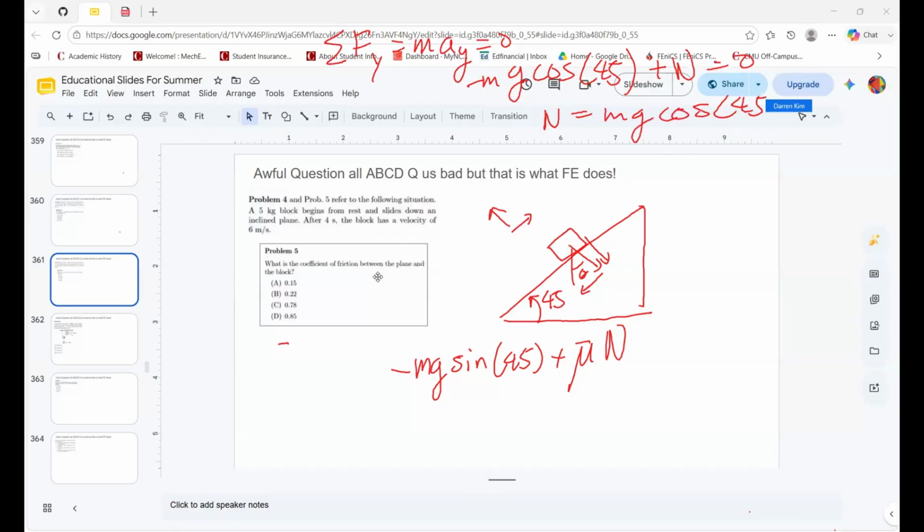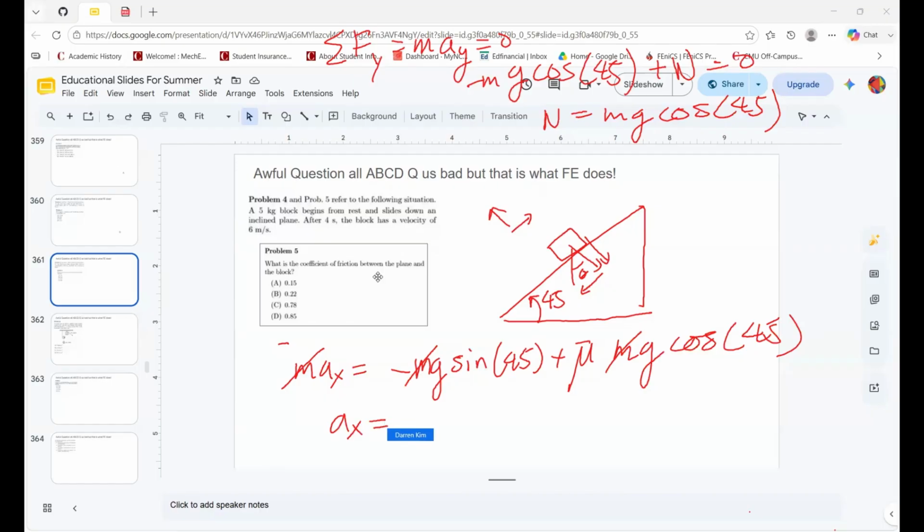Now we put mg cosine 45 in for N and get rid of this term. So ax equals g sine 45 minus mu g cosine 45. What is mu is the question.